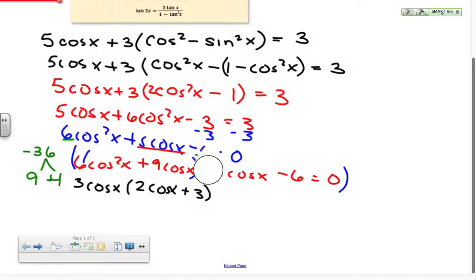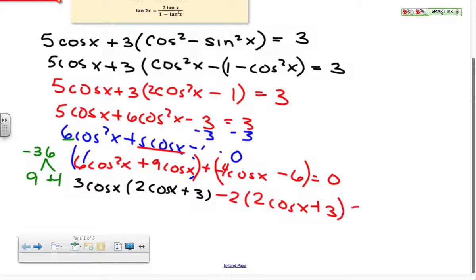Right here, I grouped wrong. So this is plus a negative 4 cosine x. There we go. That negative wasn't supposed to go to the whole thing. I was grouping symbols in the wrong place. So now I factor out a negative 2, and I'm left with 2 cosine x plus 3.